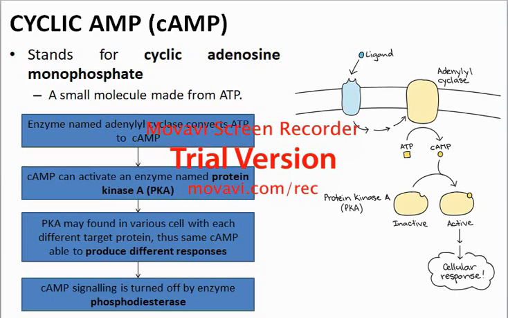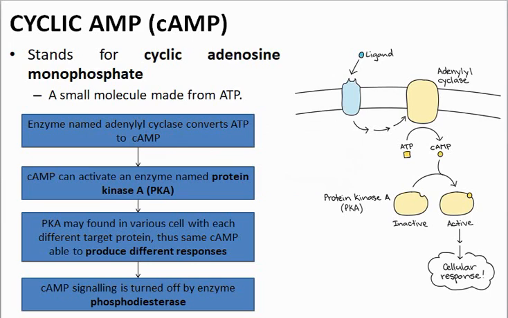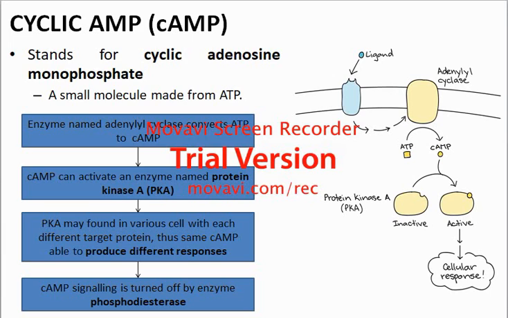This allows the same cAMP second messenger to produce different responses in different contexts. cAMP signaling is turned off by enzymes called phosphodiesterases, which break the ring of cAMP and turn it into adenosine monophosphate, which is AMP.